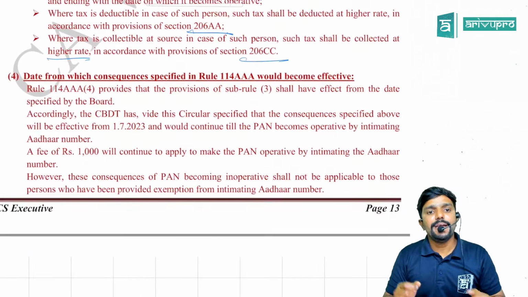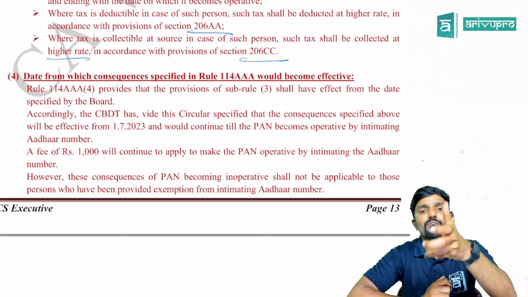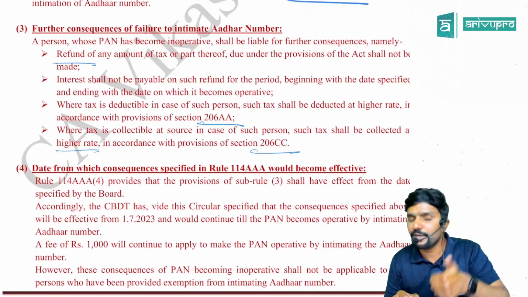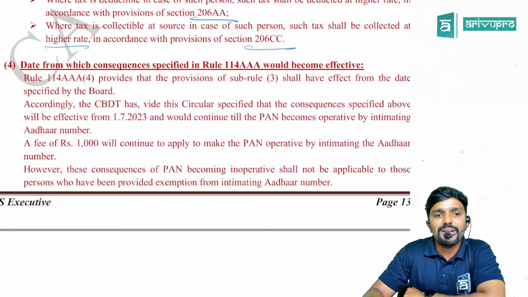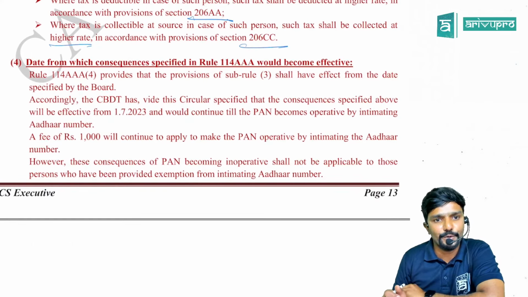Then date from which consequences specified in rule 114AAA would become effective, means from what day all these consequences you have to face. Is it from 31st March 2022 only? No. Rule 114AAA sub-rule 4 provides that the provisions of sub-rule 3 shall have effect from the date specified by the board.